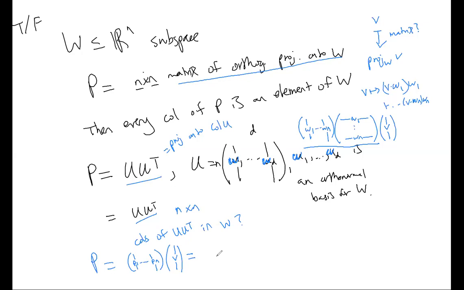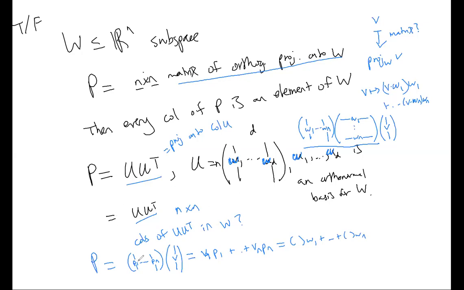This has to equal, maybe, V1 P1 plus Vn Pn. Right, this has to equal something times W1 plus something times Wn.